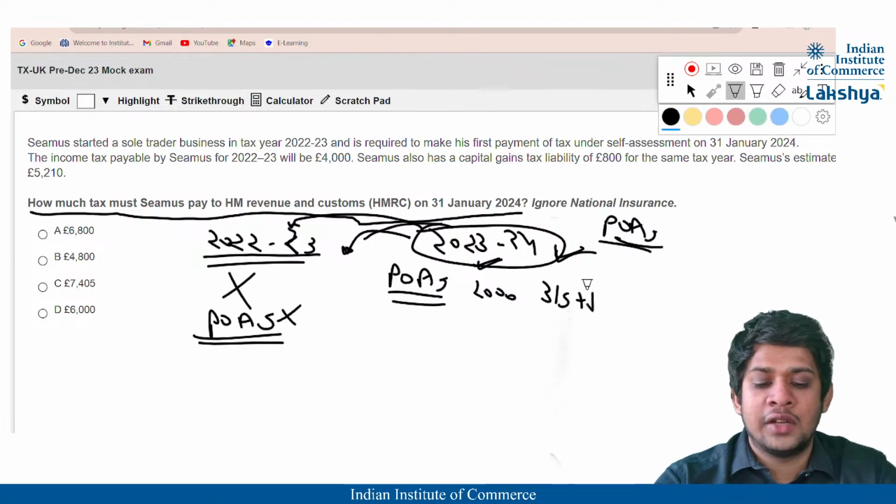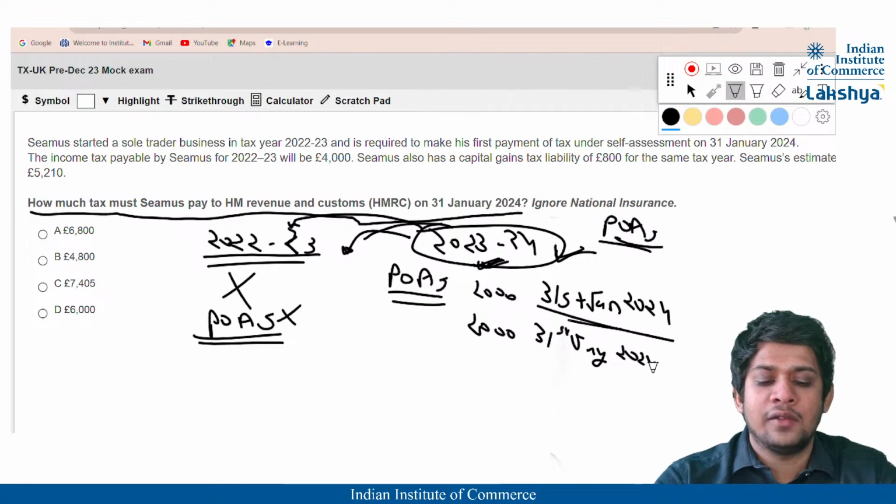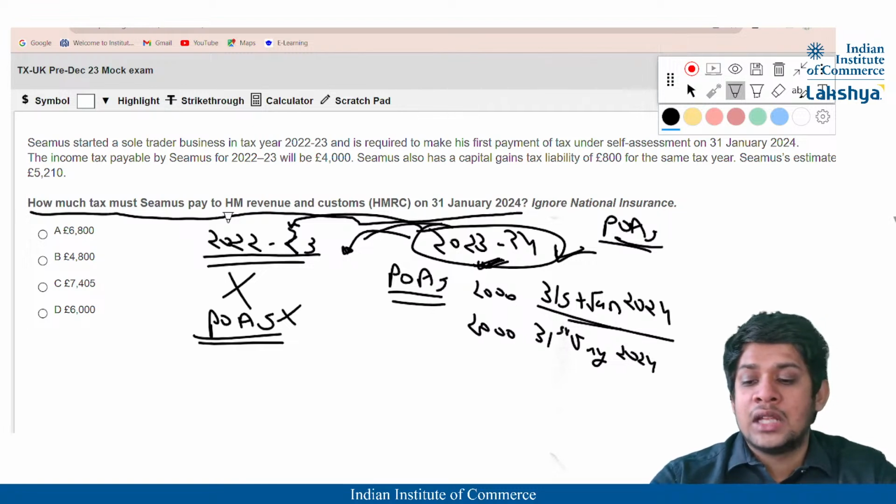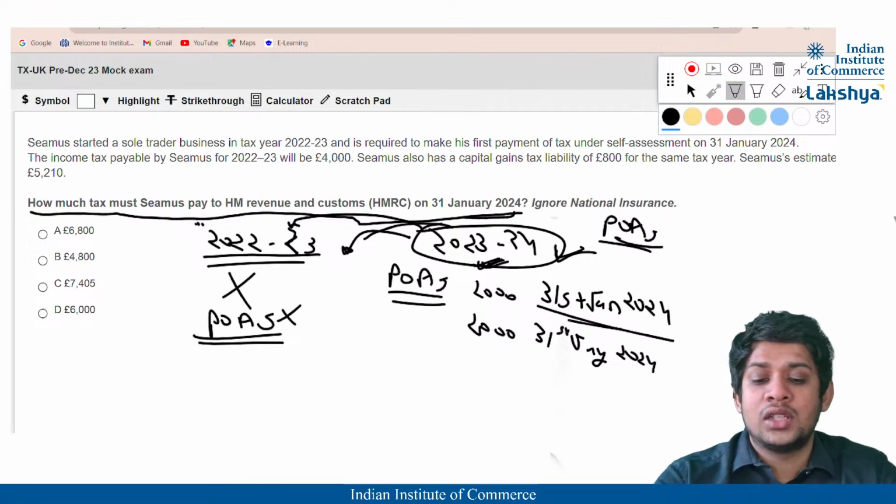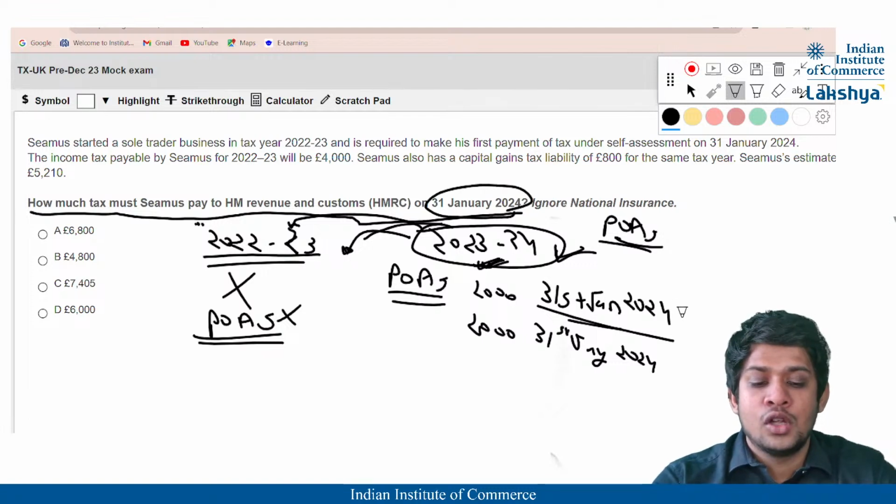So it will be paid on 31st Jan 2024. One payment is during the tax year and the other payment of 2,000 will be made on 31st July 2024. But you have to identify how much she has to pay on 31st January 2024. So firstly, she has to pay this 2,000 on 31st January 2024, correct?